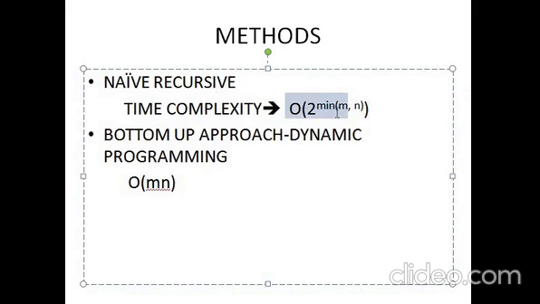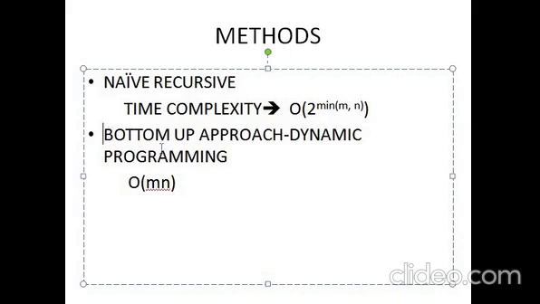The processing is exponential, big O of 2 power minimum of m and n. Words will have average length of 7 to 10, so if m was 10 and n was 12, the minimum is 10, and 2 power 10 is 1024, which is high. But with the same m and n, the bottom-up approach is big O of m times n, 10 times 11 or 12, which is about 10 times smaller than the naive recursive approach.